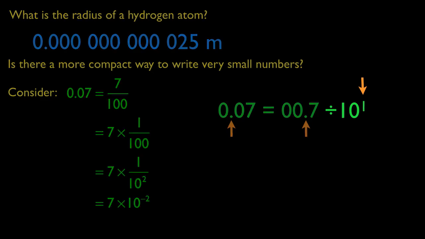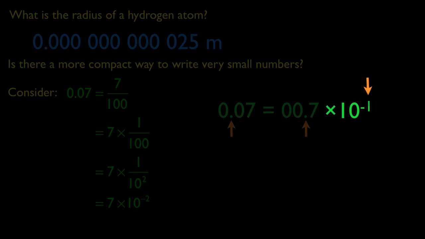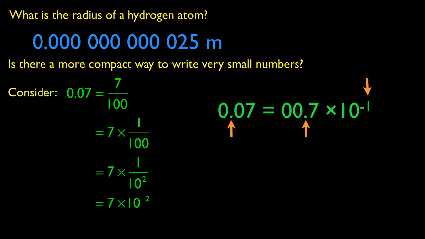So what I do is I convert it to a multiplication and change the exponent to a negative 1. So now I have 0.7 times 10 to the negative 1. Well, I'm still, as I said before, not quite in a situation where I've got one digit that's not 0 on the left side of the decimal. So I have to move it one more place. That would move it to that location, and I would then have to take that answer and divide it by 100.